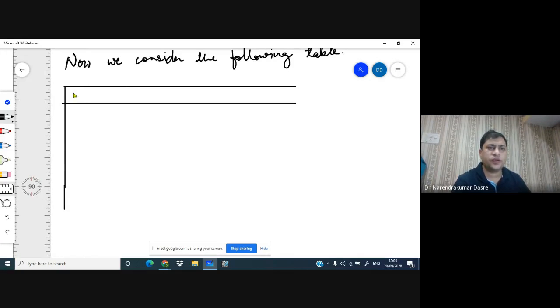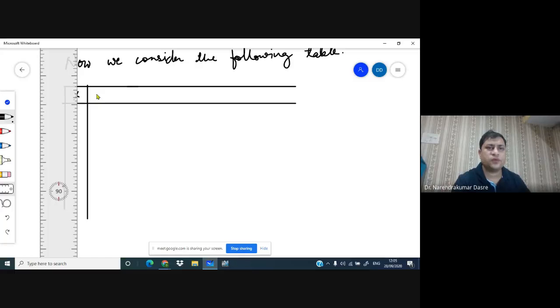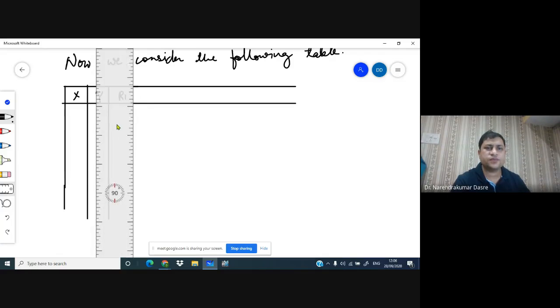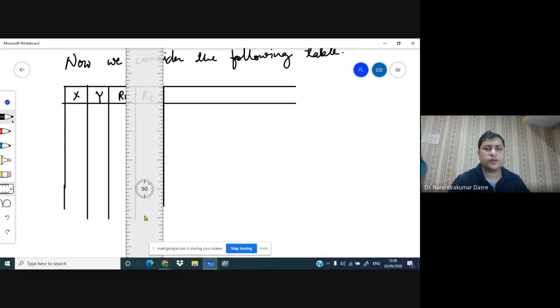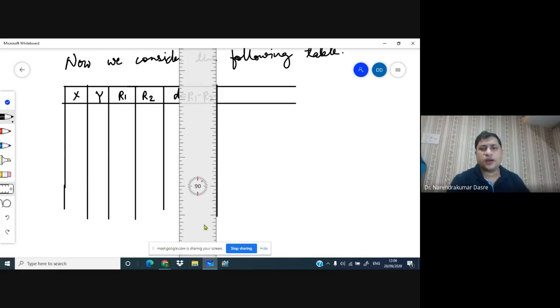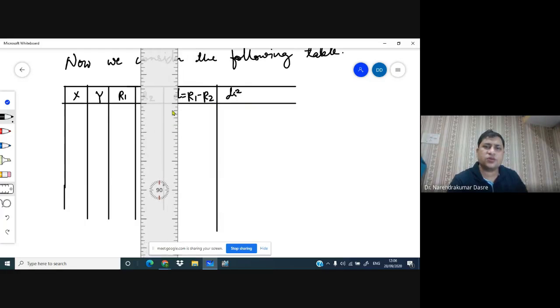We have x, then y, then rx, then ry, then d is equal to r1 minus r2, and we want di square.